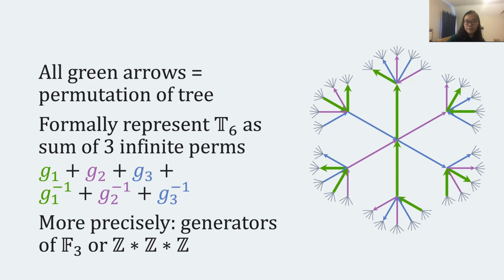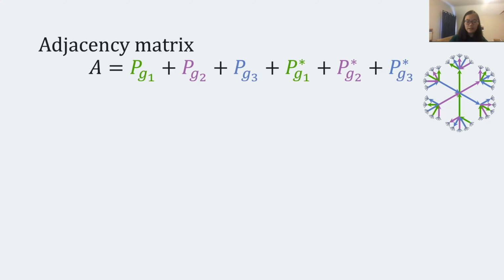of C. Okay, let me be a little bit more precise about how the 6-regular tree is supposed to be the sum of permutations. If you look at each generator, you also can have a matrix representation of it. This is just going to be the infinite permutation matrix that's the representation of the generator.